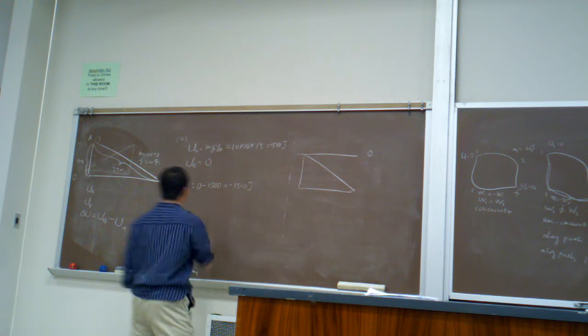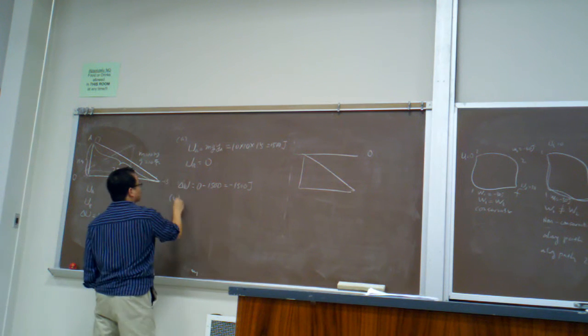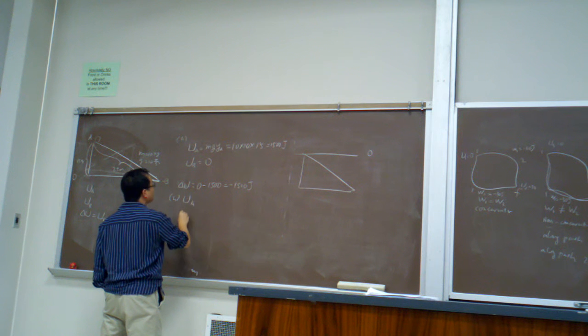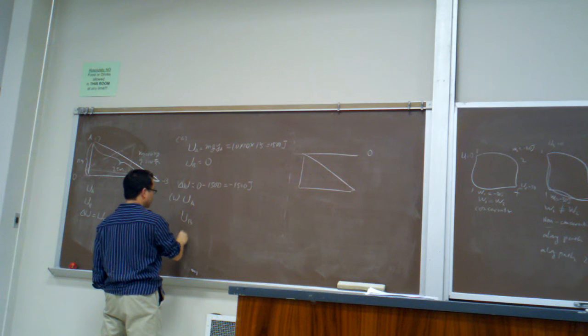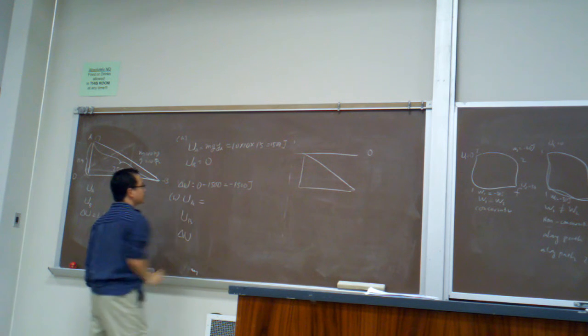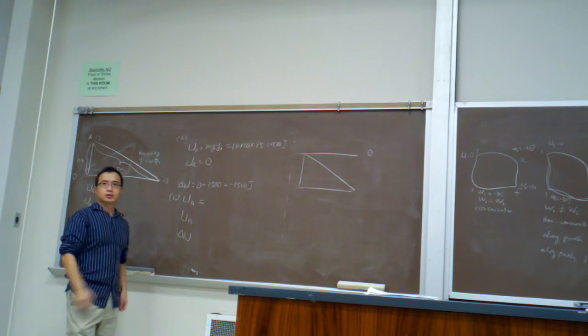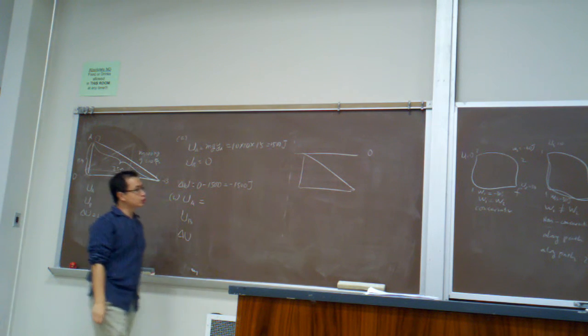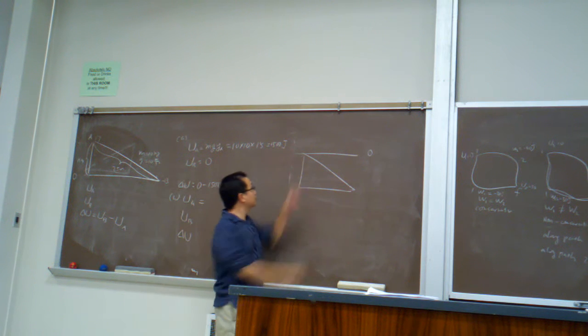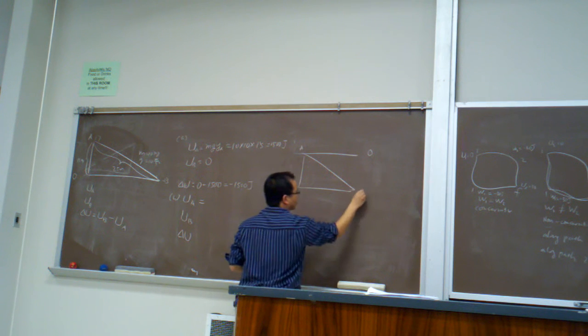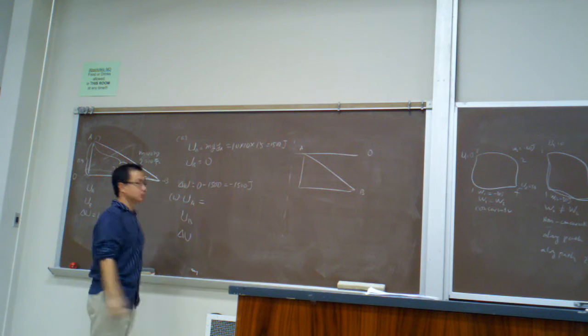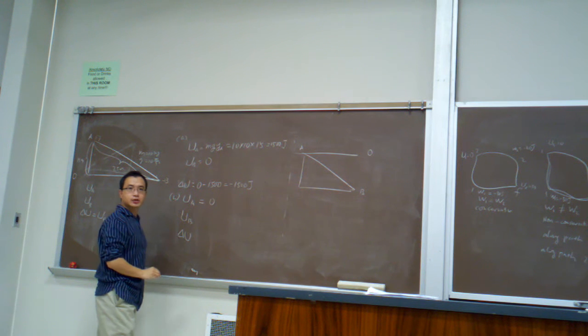Now let's look at UA, UB, and delta U. So in this case, what's UA, if we choose the top as our 0 reference? So UA equals 0, right?